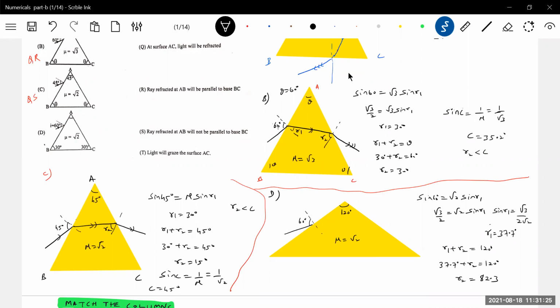Critical angle, how much? Sine C, 45 degrees, sir. 45 degrees it is. Critical angle at face AC. It is greater than that, so it will undergo TIR. The ray will undergo TIR.